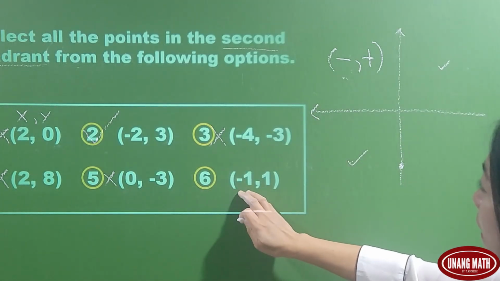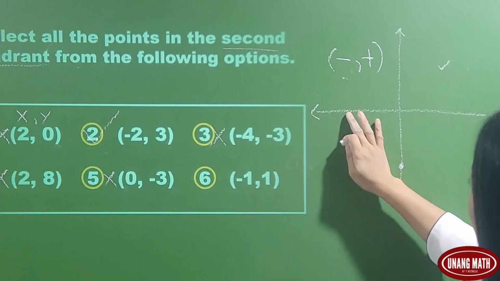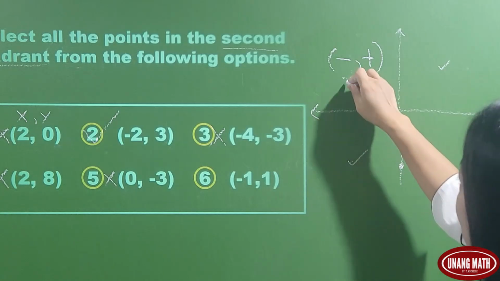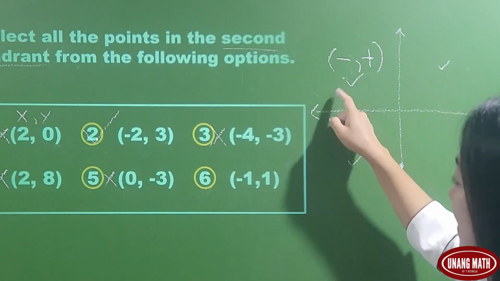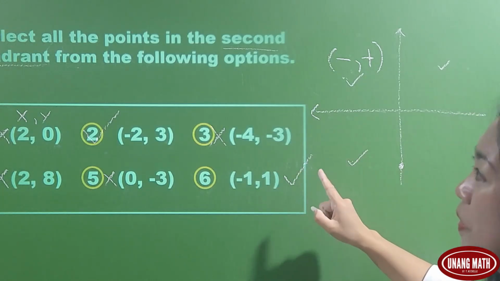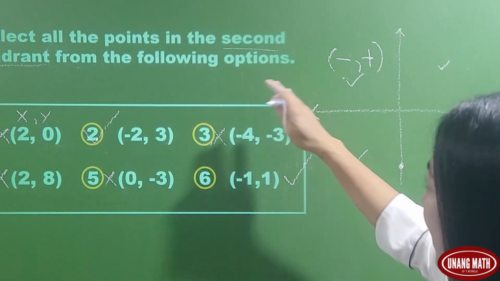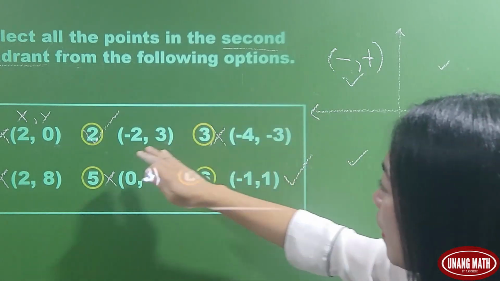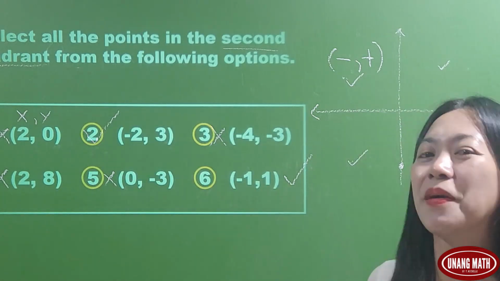Option number 6: negative 1 is the x-coordinate and positive 1 is our y-coordinate, so this ordered pair lies in the second quadrant. So this is also correct. The points that lie in the second quadrant are option number 2 and number 6.